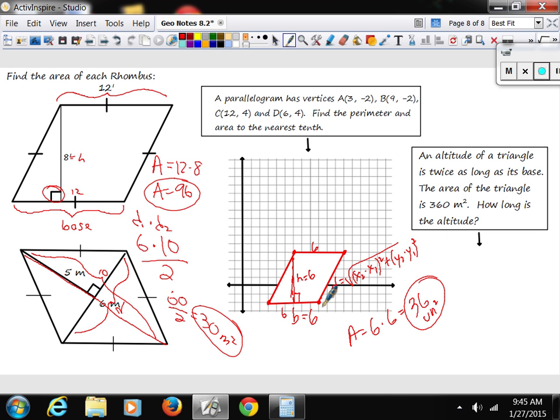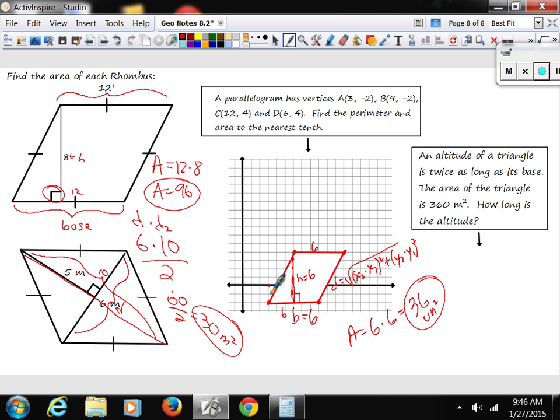You would find this distance, which would be the same as that, and then add them together. I'm not going to do that right now for sake of time, but you add the 6 plus the 6 plus whatever answer you got here, and the same answer over here, and you get your perimeter.